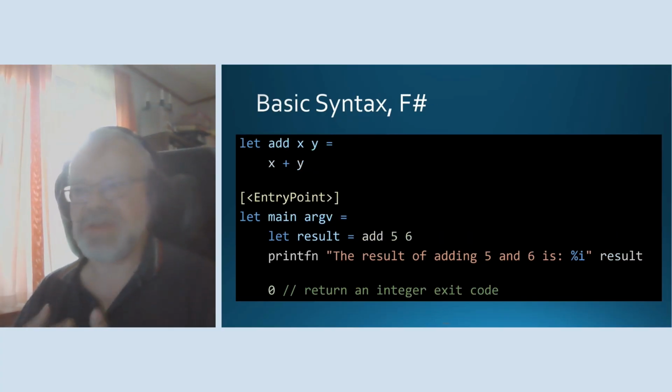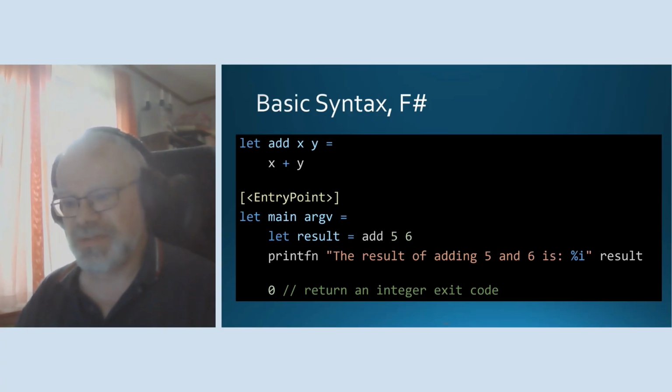If we do the same in F#, we declare a function add that takes two parameters, x and y, and just adds them together. Notice here that we don't have type annotations. We don't say that x and y are integers because the compiler can figure that out for us. This does not mean that F# is dynamically typed. It's not.